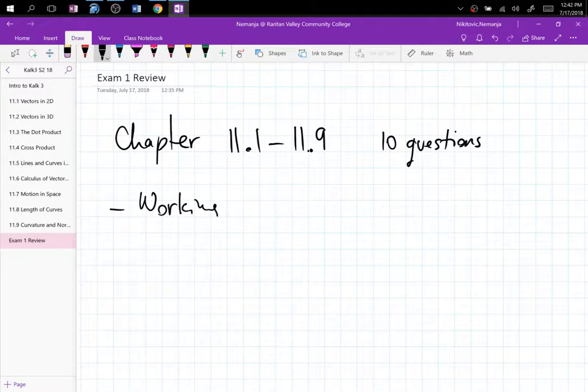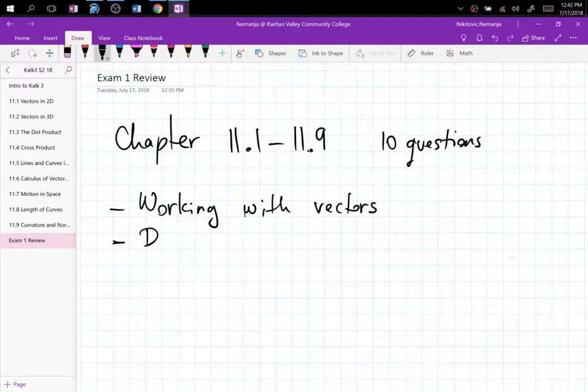Working with vectors. Now this is adding, subtracting, scaling, converting, figuring out the components, vector notation, proper vector notation, and all of that kind of stuff goes in working with vectors. And then we have dot and cross products.